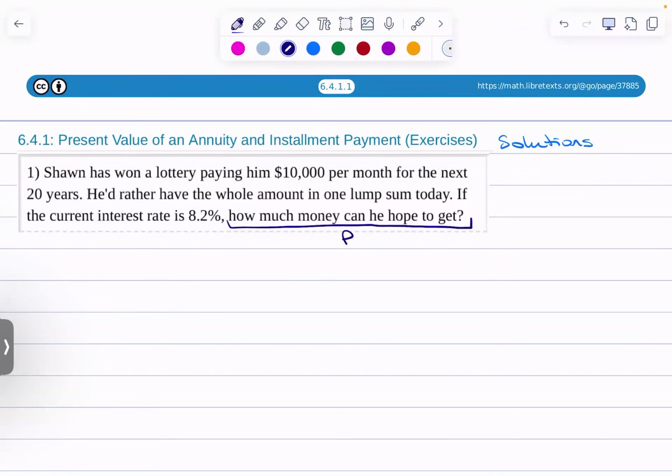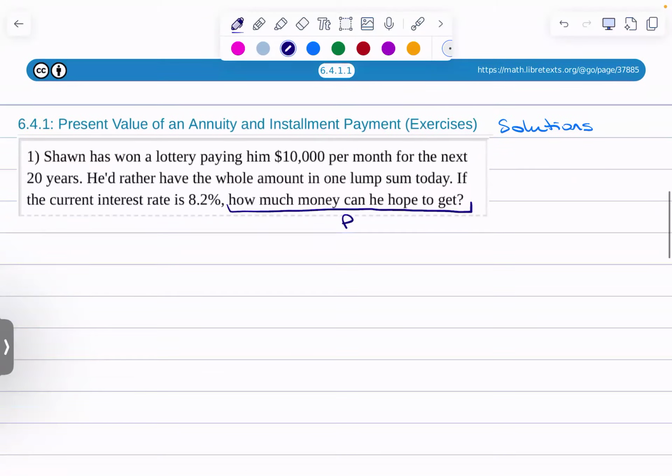Means I'm solving for P. We're given that M is 10,000 per month. So per month, that tells me that N is 12.